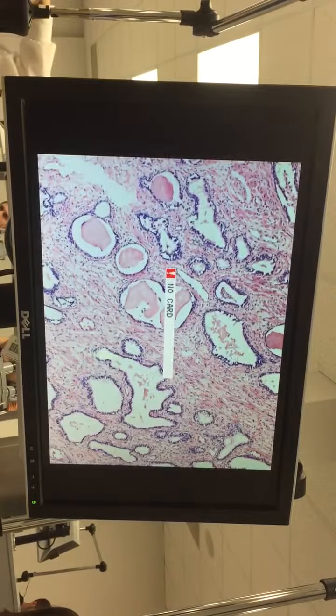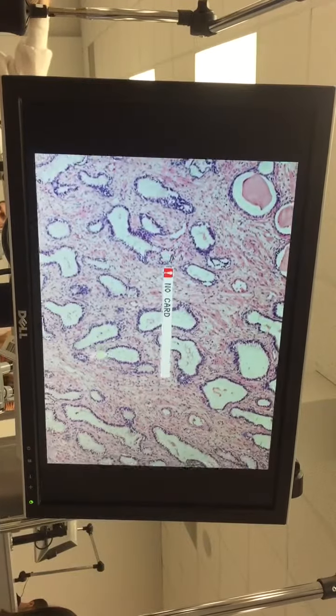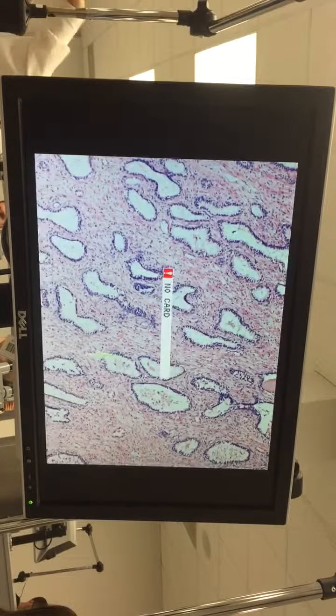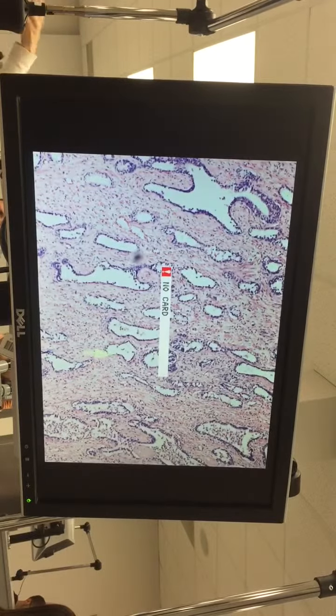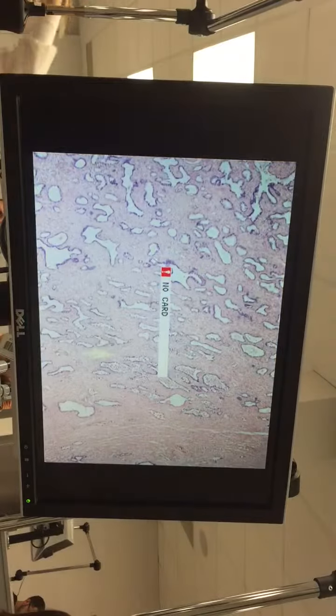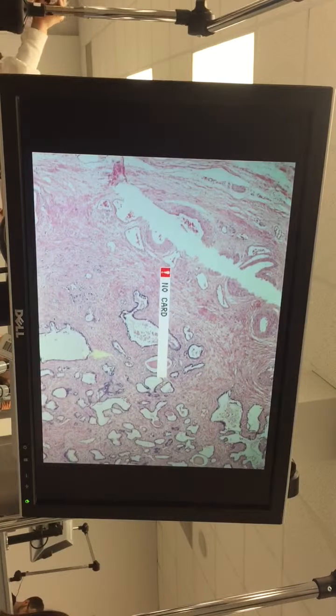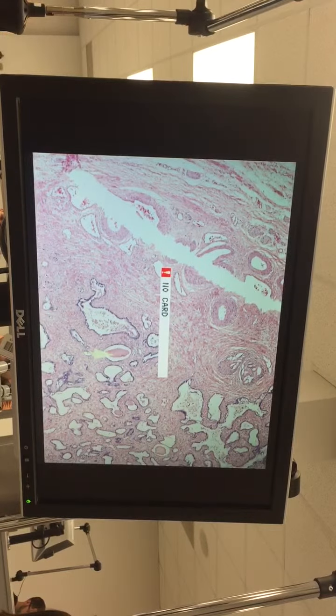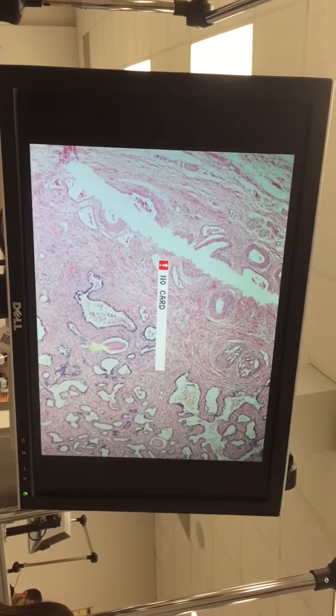So this came from a rather old person. Those tend to build up with time. Okay, so that's prostate. Things to identify on here would be the prostatic concretions and then be able to identify it as an organ.